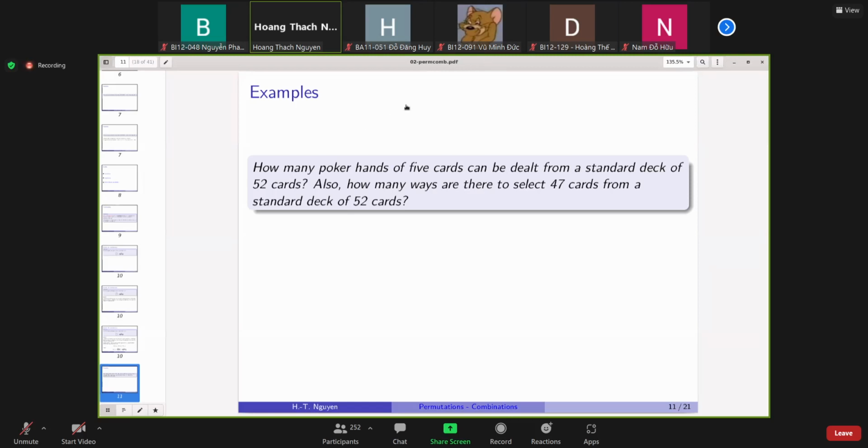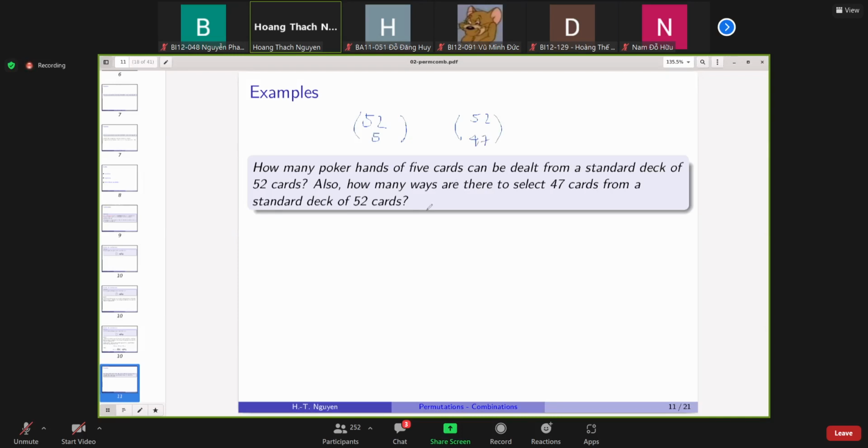So the answer is 52 choose 5 for the first question, and 52 choose 47 for the second question. But here's the thing.